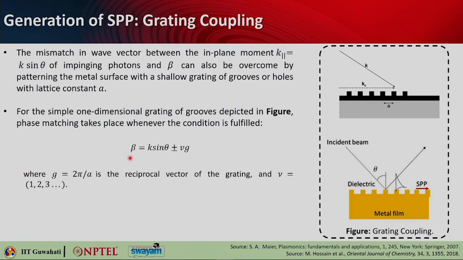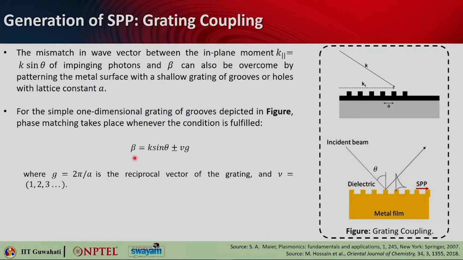If you think intuitively about what will happen, when light falls on this grating, it will allow you to excite all different modes, not only the fundamental mode, but the first order mode, second order mode, third order mode, and all the higher order modes.